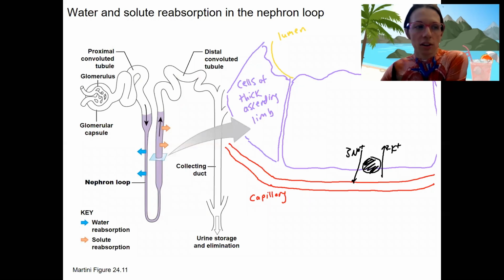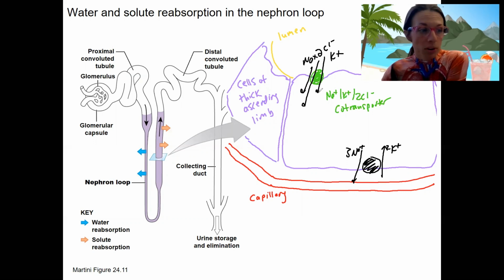One is called, let me draw it first, the sodium, potassium, 2-chloride co-transporter. It's going to do exactly what it sounds like, which is move sodium in, potassium in, and 2 chlorides in.